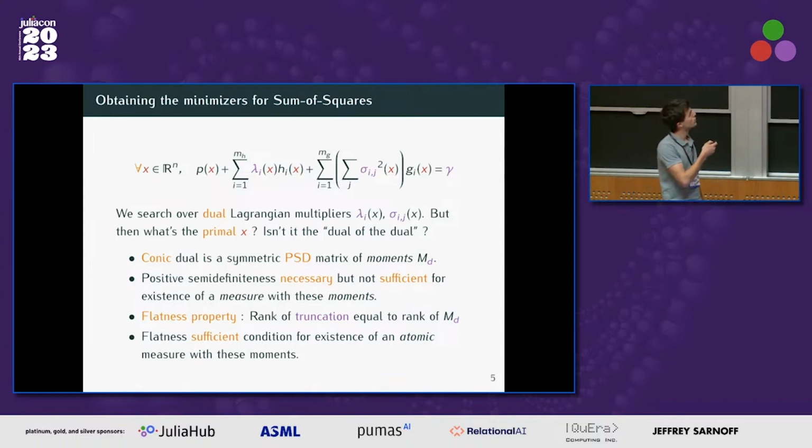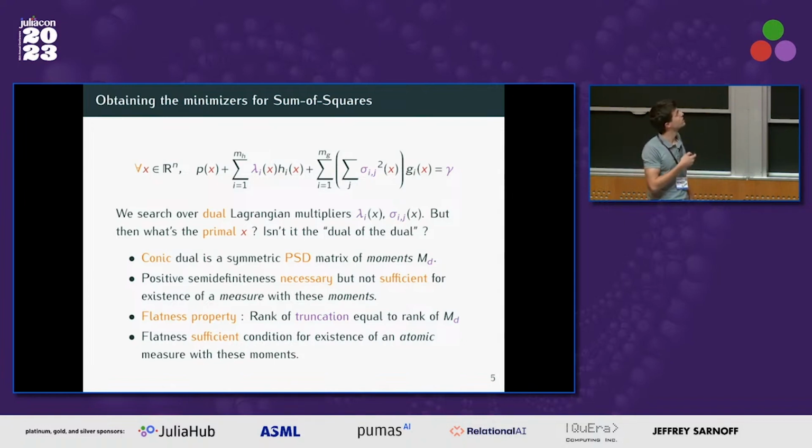So if you look at the search for these multipliers as a conic program, and you take the dual of this conic program, you recover what should be your x, but what you have instead of just a vector x is a matrix of moments. So you have a matrix of values for monomials in x.